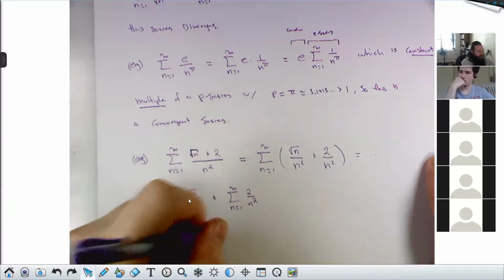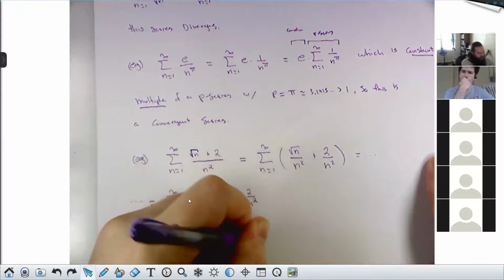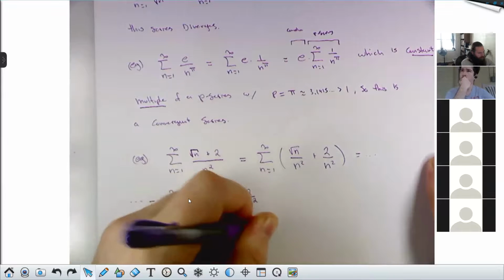And then in the second one, I can pop out the 2, plus 2 times sigma n from 1 to infinity of 1 over n squared.